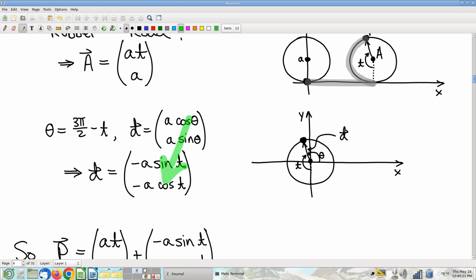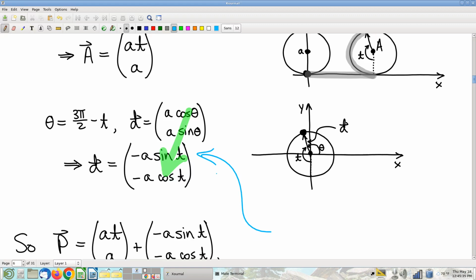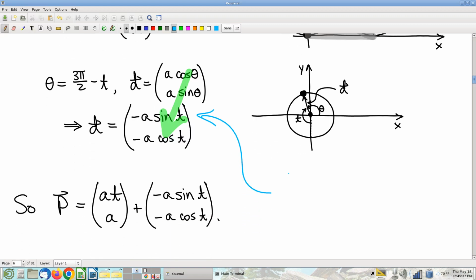flashbacks to high school trig, turns that into that. Now, I know that a lot of y'all are thinking, oh my gosh, I don't remember how that works, trig was a long time ago. I want to remind y'all specifically that what happened there is I used the angle addition formulas. These are standard formulas of trig, cosine of a plus b, and sine of a plus b.